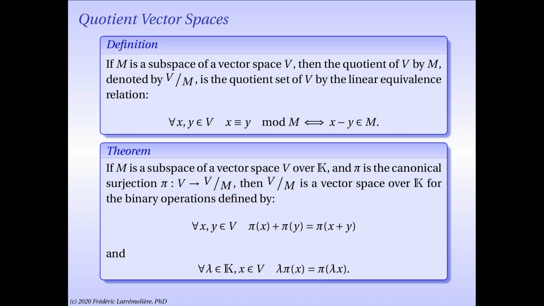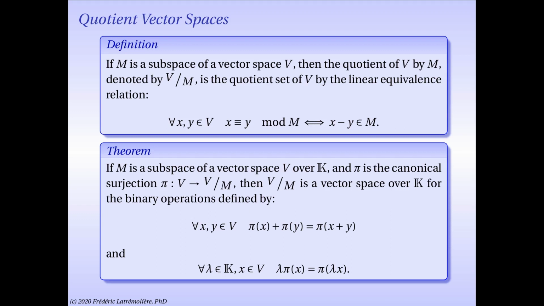The problem with these definitions as they are stated is we don't even know if they make sense. If you give me two classes in V quotient M, let's call them A and B, then A is the equivalence class of some x, B is the equivalence class of some y, and therefore this definition says that A plus B should be the equivalence class of x plus y.